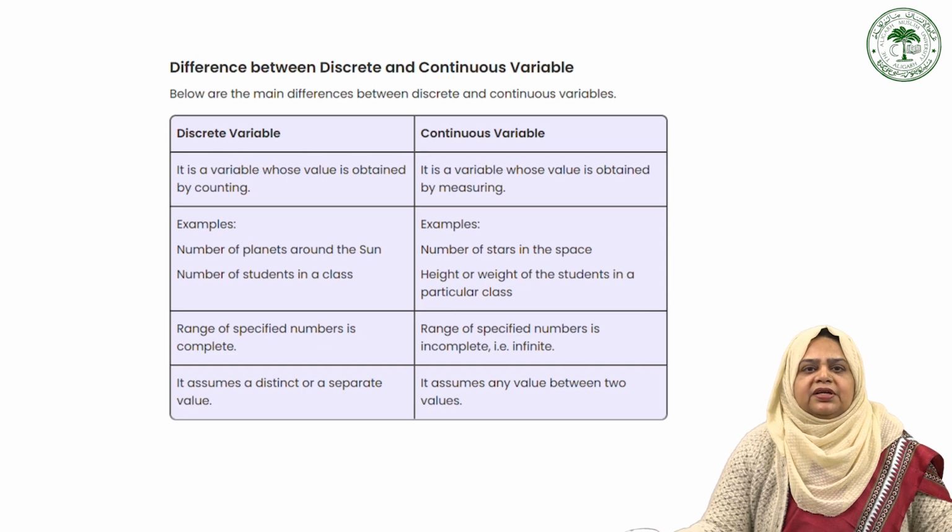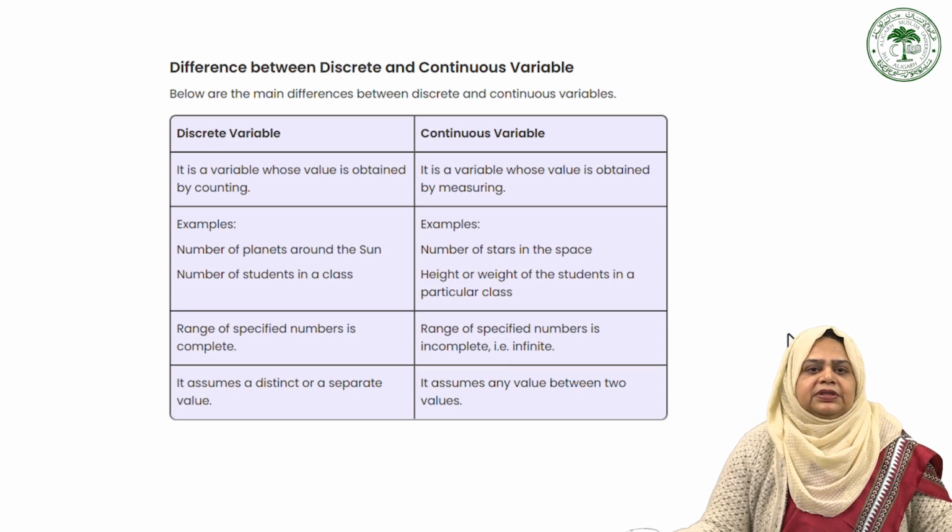With the help of this figure, we can understand the difference between discrete and continuous variables. Discrete variables are those variables whose value is obtained by counting, whereas a continuous variable is a variable whose value is obtained by measuring. Examples of discrete variables include the number of planets around the sun and the number of students in a class, and examples of continuous variables include the number of stars in space, and the height or weight of the students in a particular class.